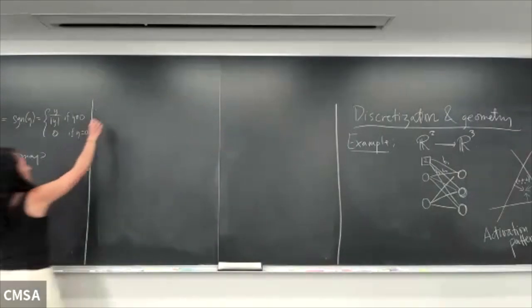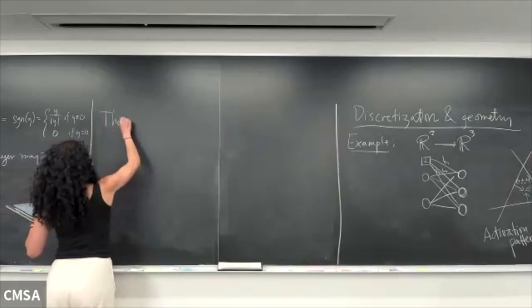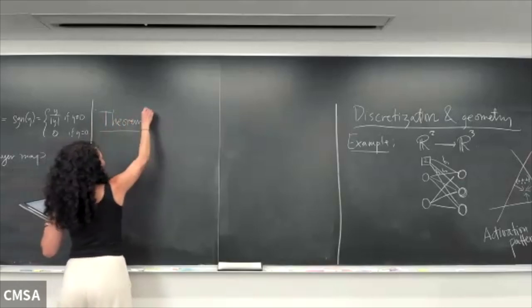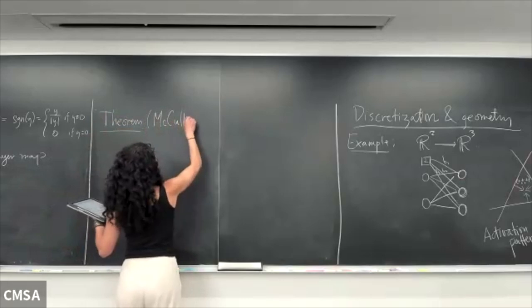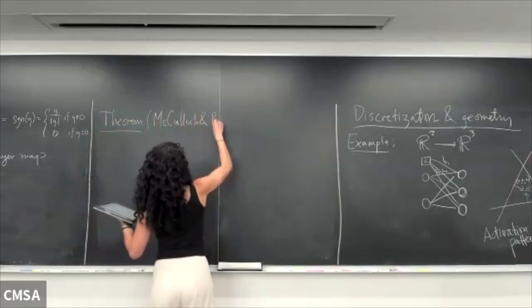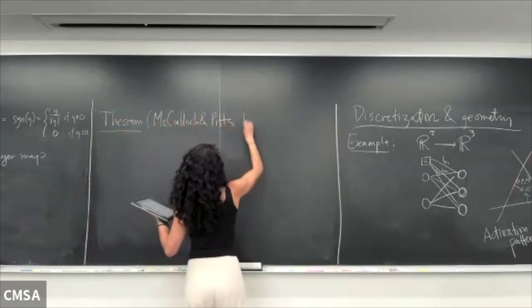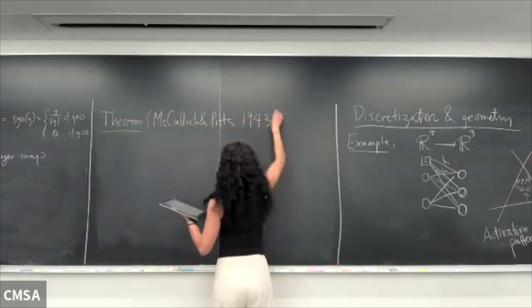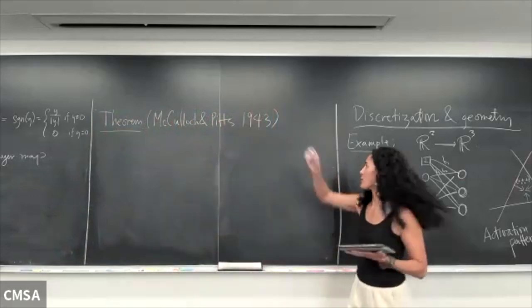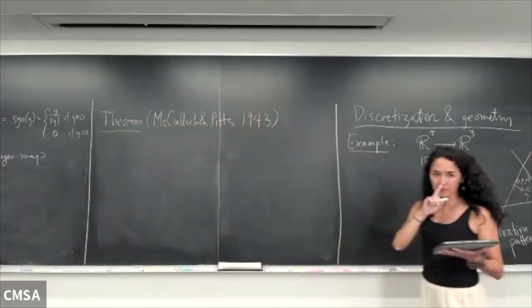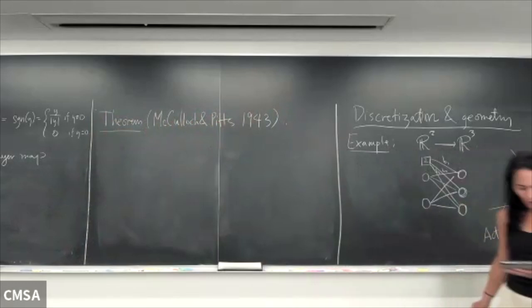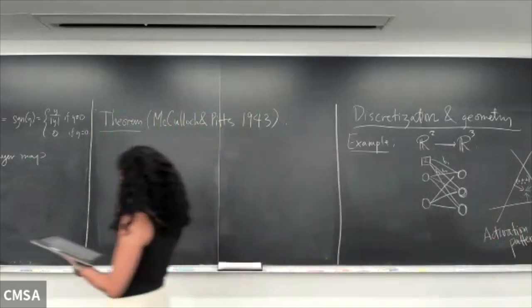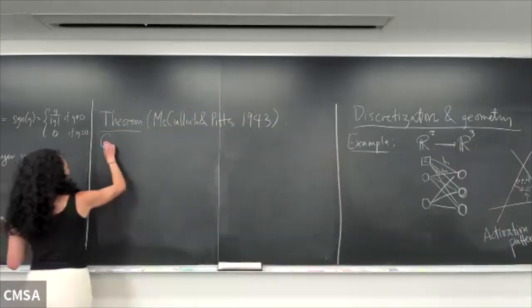Okay, so here's a theorem. I think this is the correct attribution, but I always feel really nervous about it. I think this goes back to this paper, a classical paper. So here's the theorem.